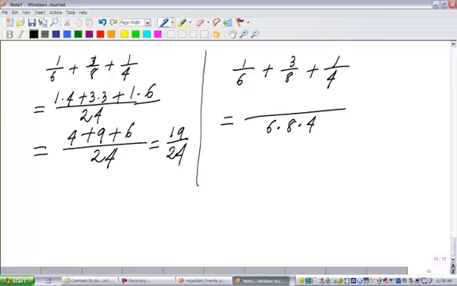Now divide this common denominator by 6. If you divide the denominator by 6, what do you get? 8 times 4, right? What is that? 32. If I divide 6, 8 and 4 by 8, what do I get? 4 times 6 left, right?